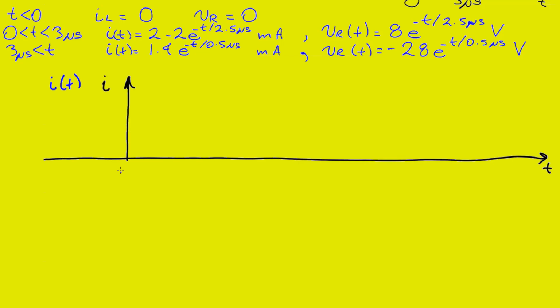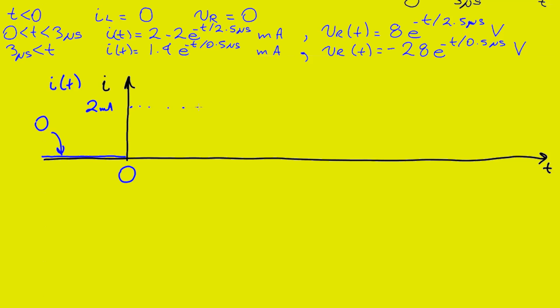Before time 0, our current will be 0, so we'll put 0 current down here. But at time 0, it's going to follow the second equation, 2 minus 2 e to the minus t over 2.5 microseconds, which means it starts out at 0, 2 minus 2 is 0. But over time, it will eventually want to rise up to 2 milliamps.